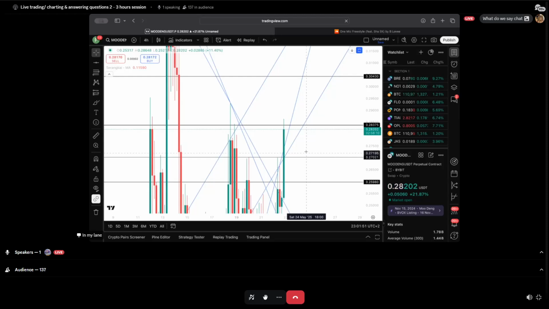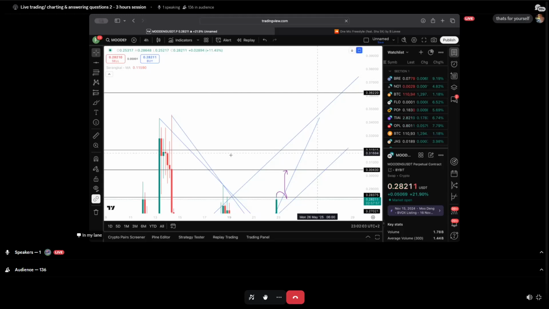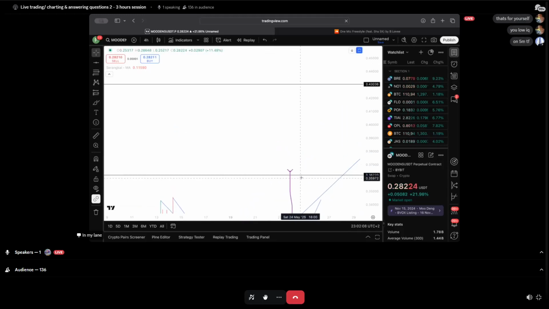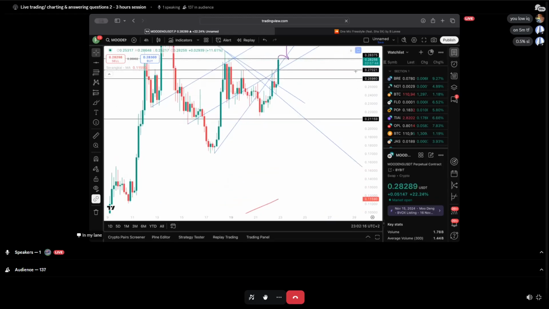Hell no. So wait for a 4H close above, long it, TP1 here, TP2 there, then close the full position and wait for a daily close above here and long it all the way here. That's how I would play it.